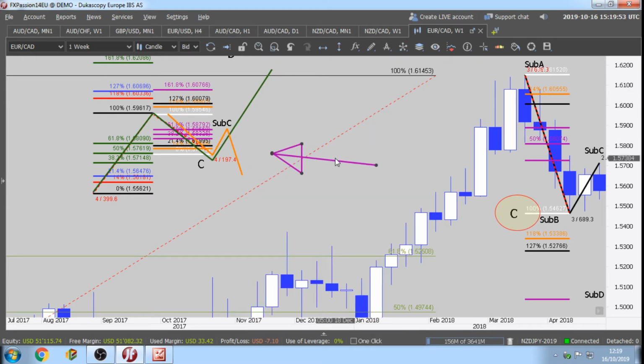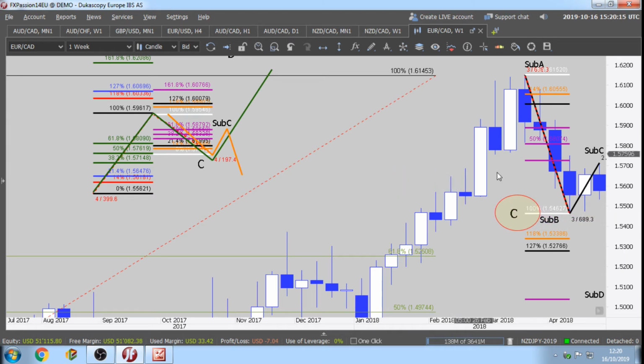Okay, everybody? Yeah, I know it's difficult to understand in the beginning, but as I said yesterday, don't worry, we are going to spend 2 months on the Fibos and everything, okay? So, this is the C on our chart.